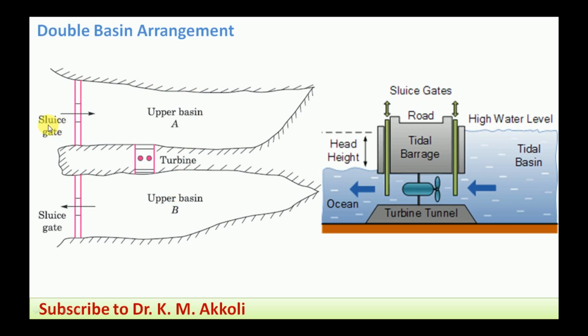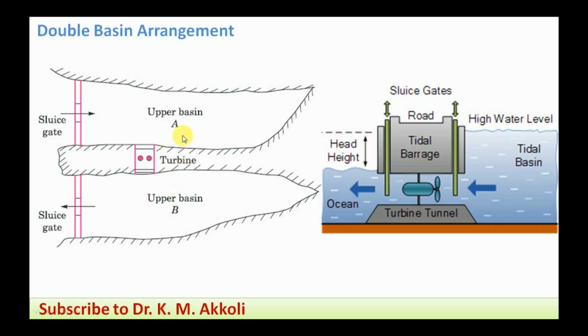Here when there is a high tide, the water is allowed through the sluice gate and it is allowed to enter into the upper basin. Then whenever sufficient head is available in the upper basin, the turbine, which is constructed between this upper basin and the lower basin, comes into play.